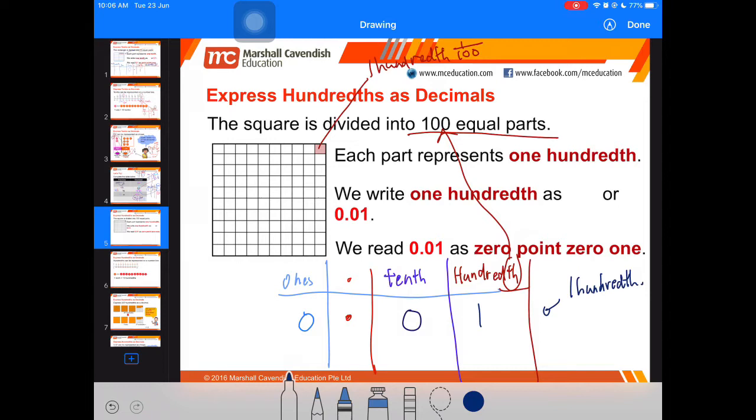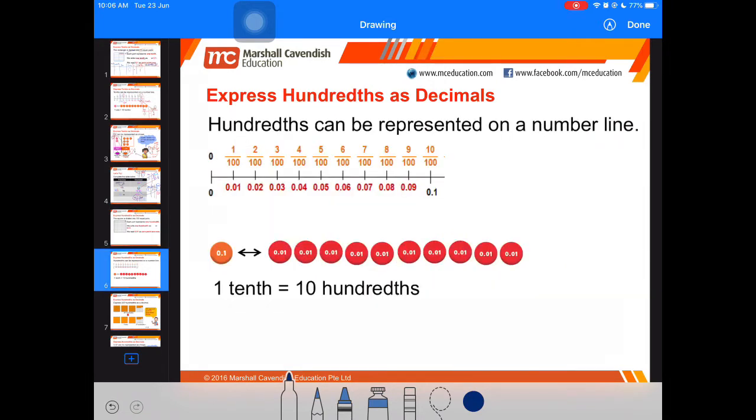Okay, so if I go on to the next one, this will be 2 out of 100 equal parts. So this is 2 hundredths, 3 hundredths, 4 hundredths, 5 hundredths, 6 hundredths, 7 hundredths.